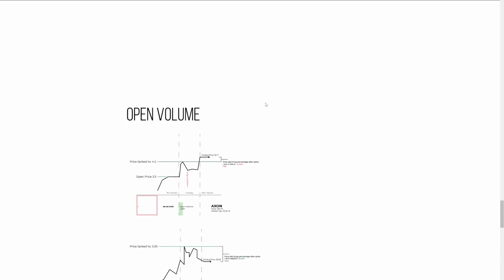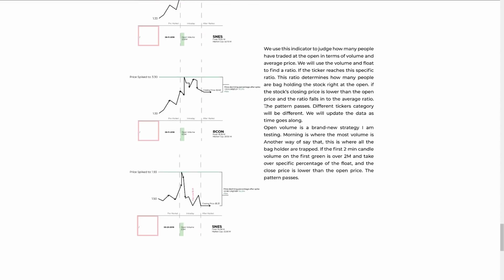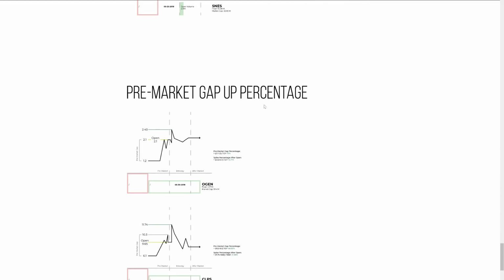So we use that open volume divided by float percentage, and based on whether the price passes or fails, we can find that percentage and use the statistics to find, okay, at this percentage, the stock is likely to close lower than the open price. That's the basic thought process behind our open volume and the pre-market gap percentage.